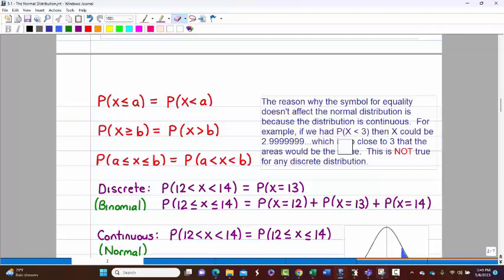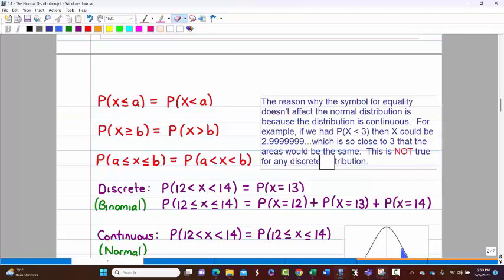But continuous means this random variable is continuously moving through the numbers. So technically, less than 3, x could be something like 2.99999 forever, which is so close to 3 that the area would not be affected. The area would be, infinitely close to being the same thing as if you were just touching 3 itself.